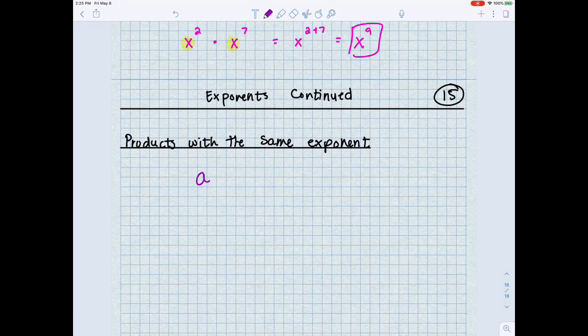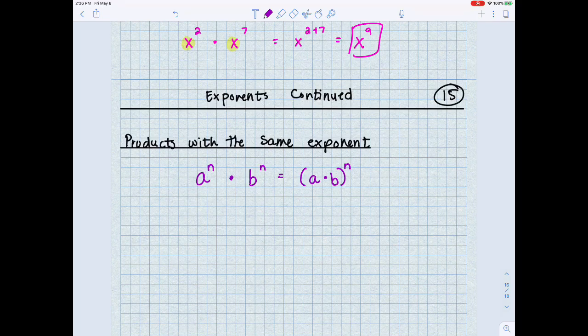So I have a base of a, and I raise it to the n power, and I'm going to multiply it by another value with a different base, but raised to the same exponent. We can simplify this by multiplying the two bases together and then keeping the same exponent.